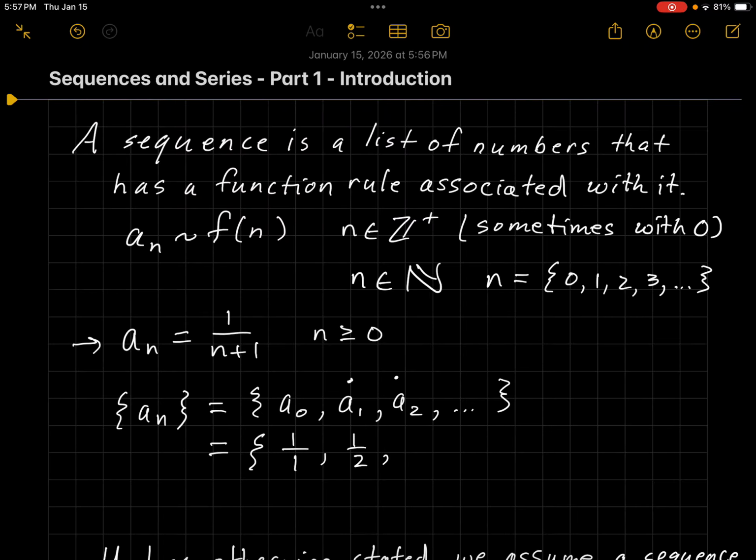And a sub 2, we plug in n equals 2, which gives us 1 over 3. So sometimes I like to think of a sub n as being like a of n, where a sub 1 is a at 1, etc., etc.